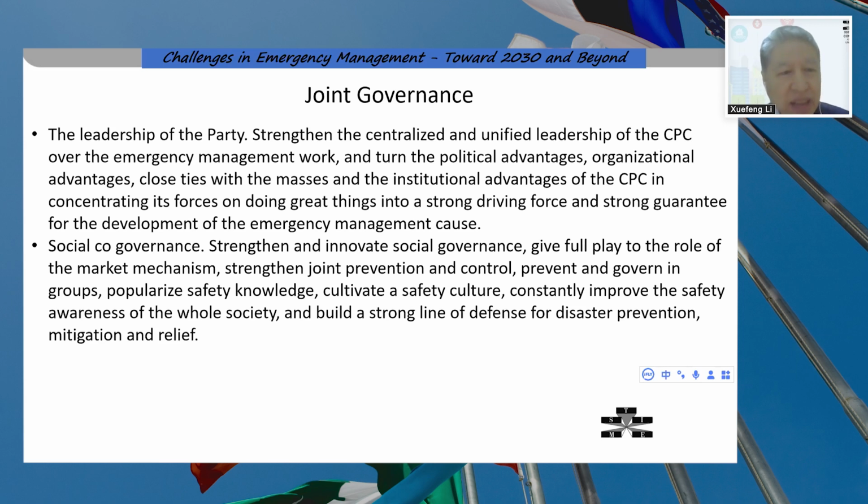And then the other side is social co-governance. We need to activate and mobilize more people in society. For example, in the United States, the community volunteer team members may number nearly 1 million, I think, at present. In China, every province is trying to push this.